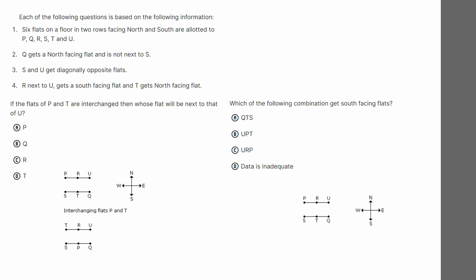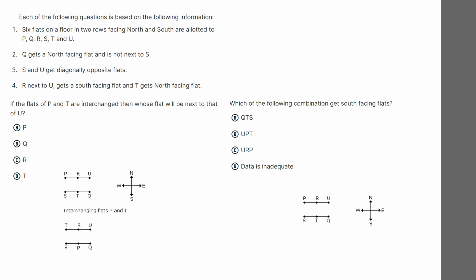So you can clearly write here Q at one corner and the S at one corner, and S and U get diagonally opposite plots. So it means that diagonal to the S you can mark U in the above line, and then fourth point indicates us R next to U gets a south facing plot.